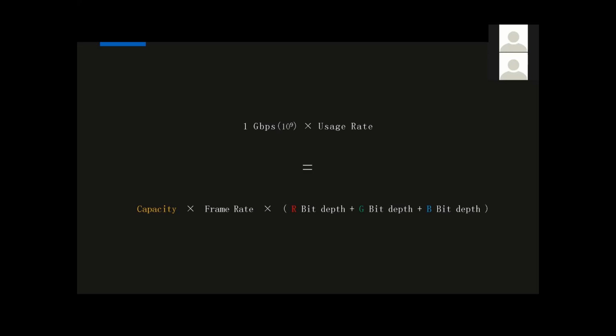And there's another concept called usage rate. The 100% usage rate exists only in ideal conditions. In the real world, we cannot use 100% of the total bandwidth, so there's a usage rate, and that gives the actual bandwidth we can use through this cable for the data we're transmitting.